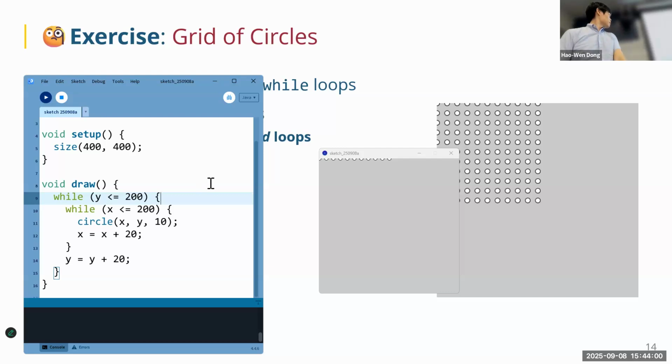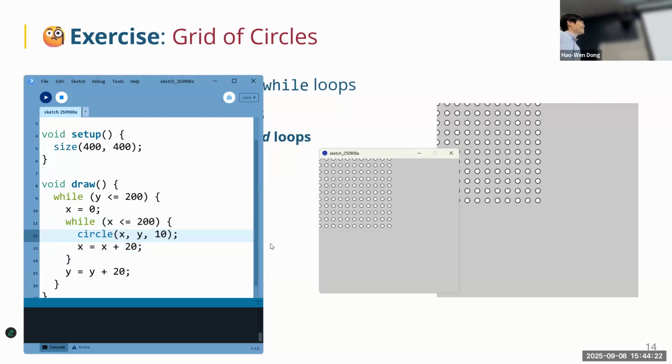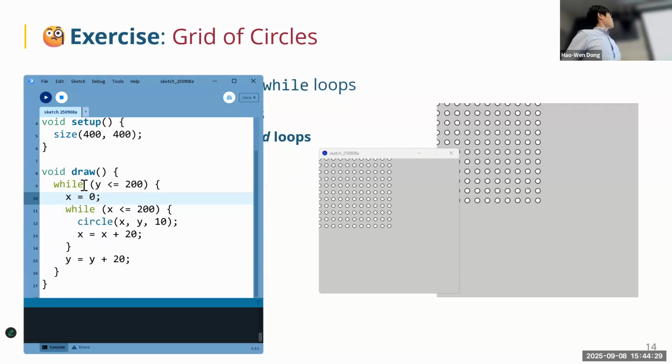So we need to reset x equal to 0. What happened just is that x became 220 and the rest of y just don't get drawn. Okay, cool. Nice catch. So this way you will get all of those. You have to reset x since you are doing this while loop again and again.